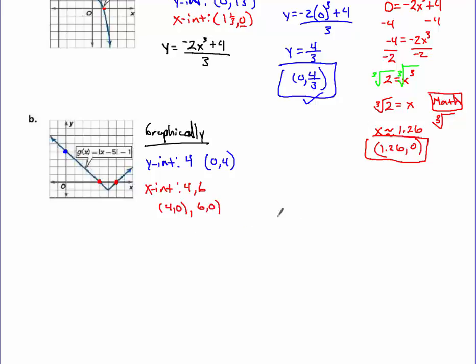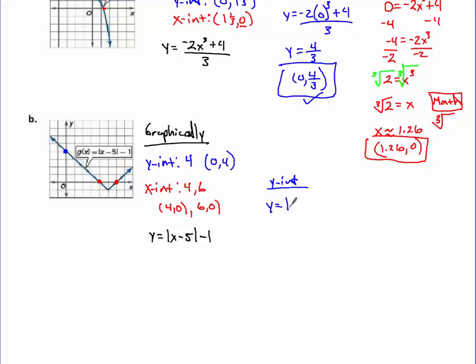So again, algebraically, I have this equation. Y equals the absolute value of x minus 5 minus 1. So, just like last time, I'm going to start out looking for the y-intercepts first. And y-intercepts occur when x equals 0. So, I'm going to rewrite this equation.